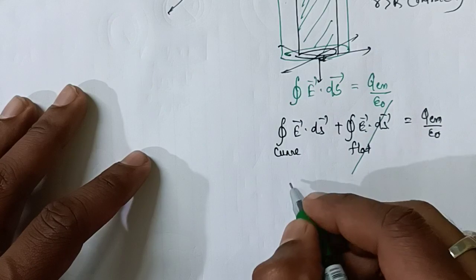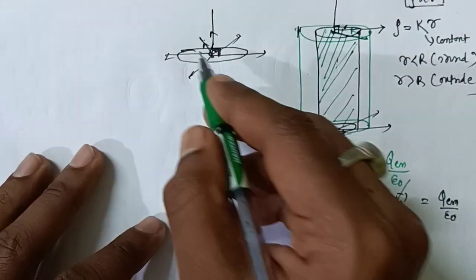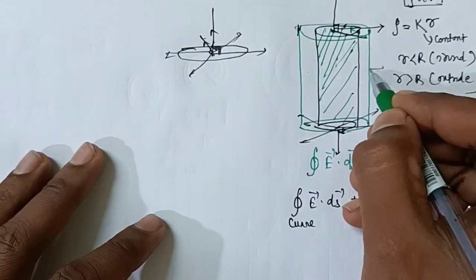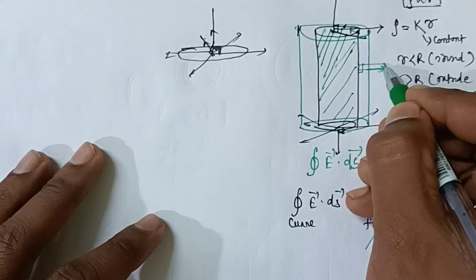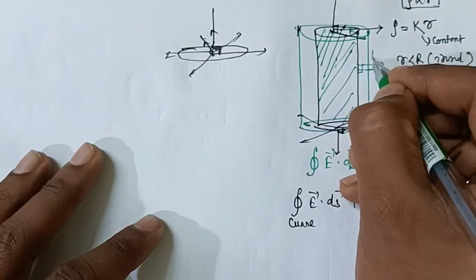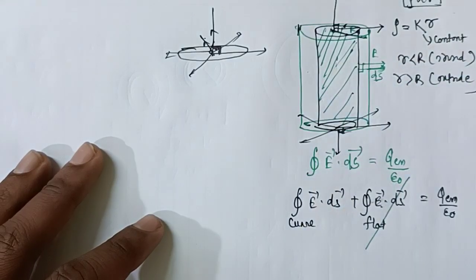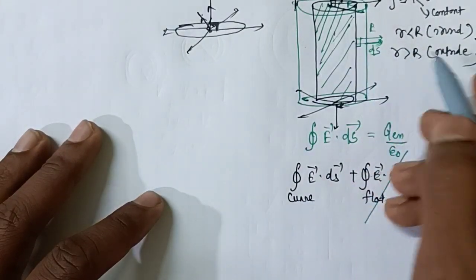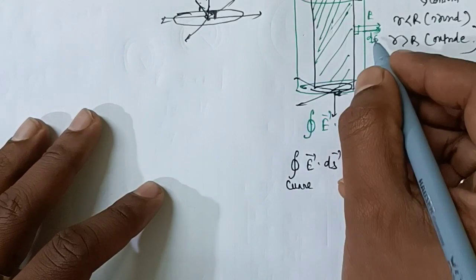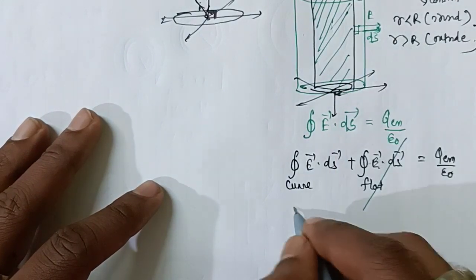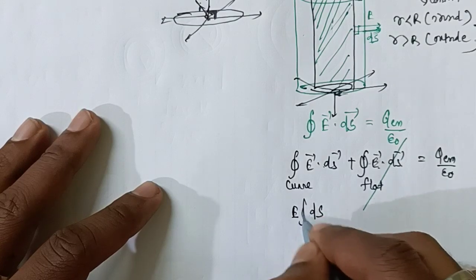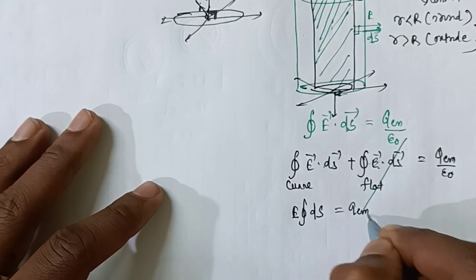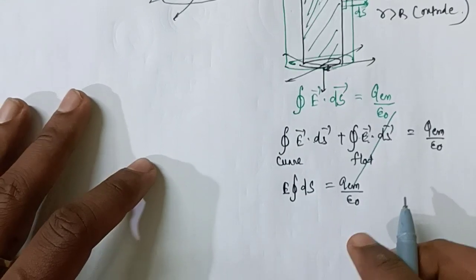E dot dS, and the angle is between electric field and area vector. If I consider an elementary area outside, like this small section, and the electric field also like this, they are mutually parallel to each other. So the angle between them is 0 degree. So I will simply write E dS cos 0, which is E dS. This is integration, and this is Q enclosed upon epsilon naught.